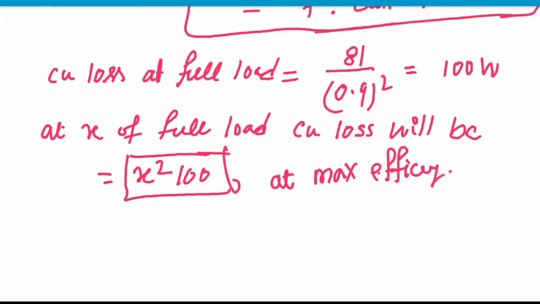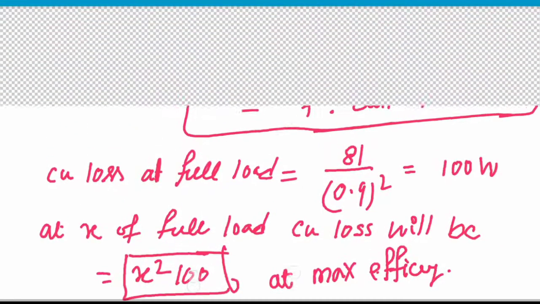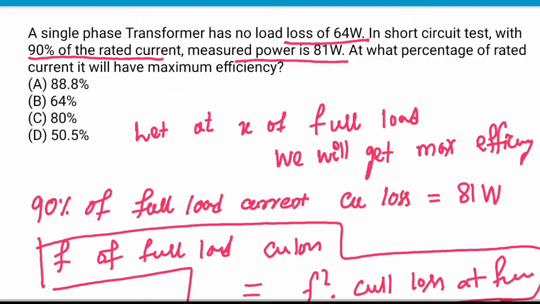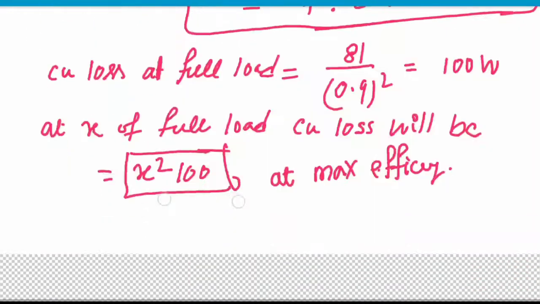And we know that at maximum efficiency variable loss is equal to the constant loss, and here we are considering variable loss to be the copper loss and constant loss to be the core loss. So in the question it is given that no load loss is 64 watt, which is considered to be the core loss or iron loss.